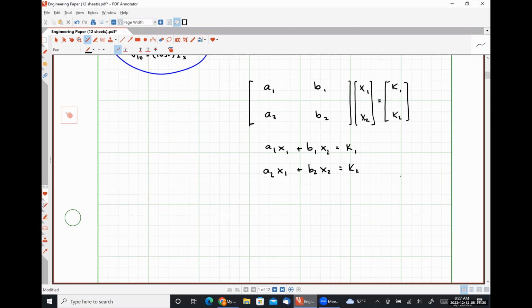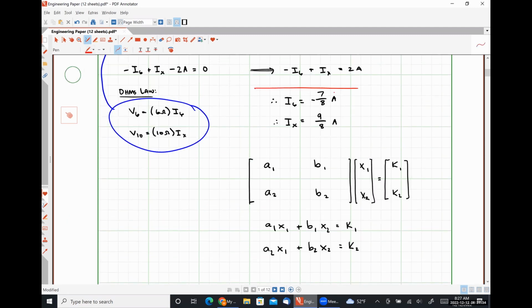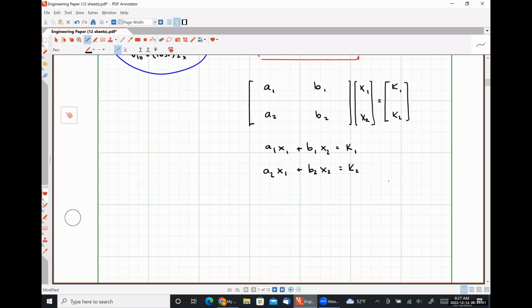So I'm going to redraw this circuit, and I'm going to take a note here. These are the results that I got. In particular, I'm interested in the quantity Ix, and we found that with both sources on at the same time, Ix was equal to 9/8 of a volt, okay? So I'm going to redraw my circuit.